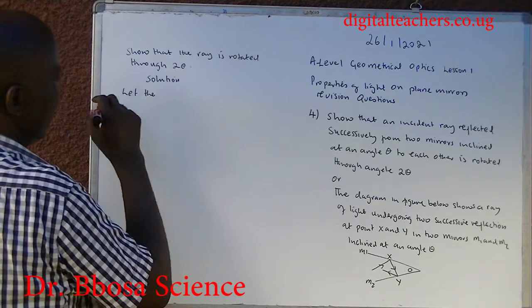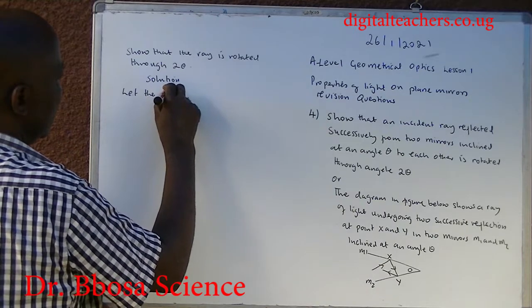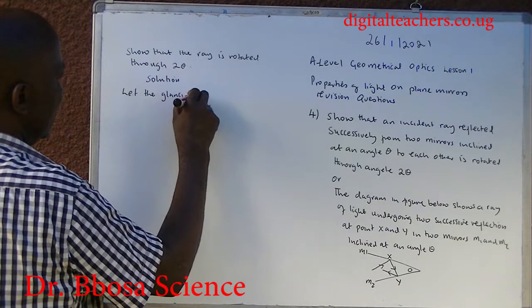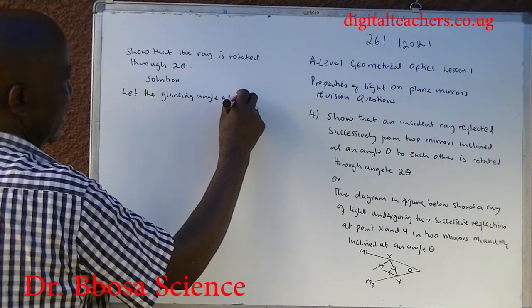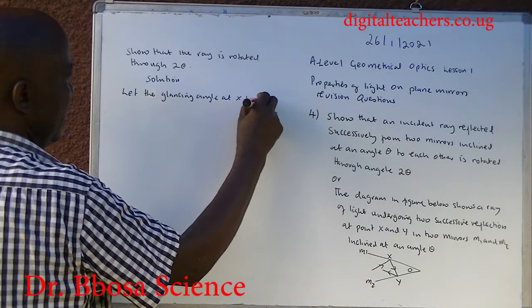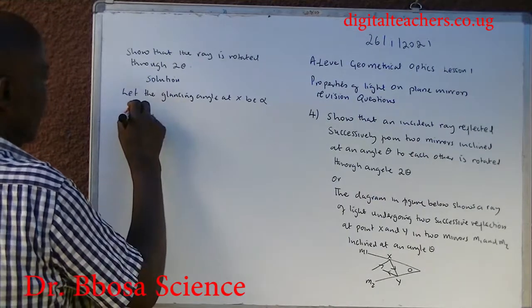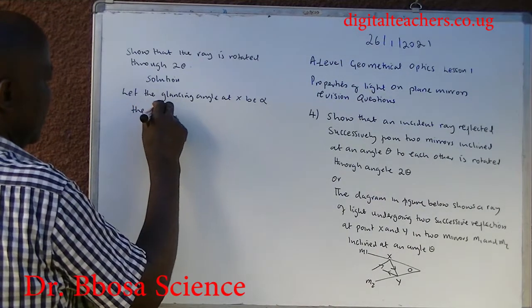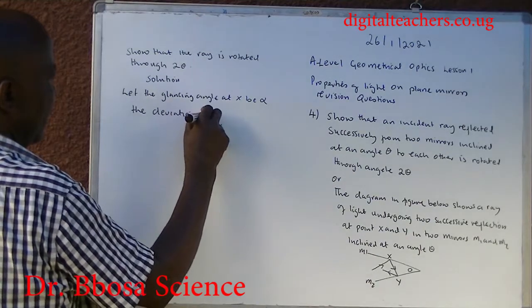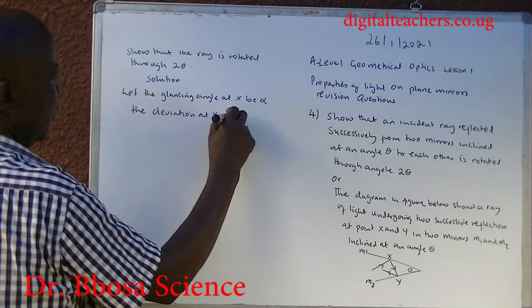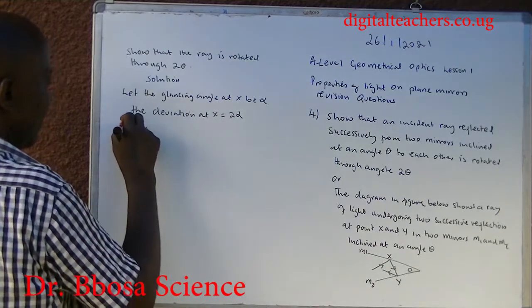Let the glancing angle at X be alpha. The deviation at X is equal to 2 alpha.